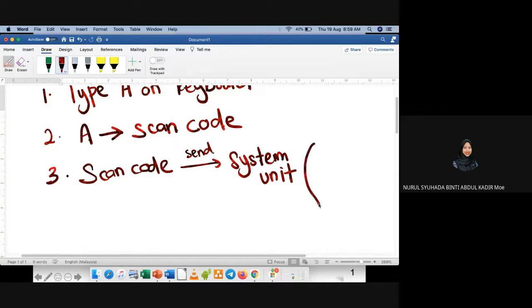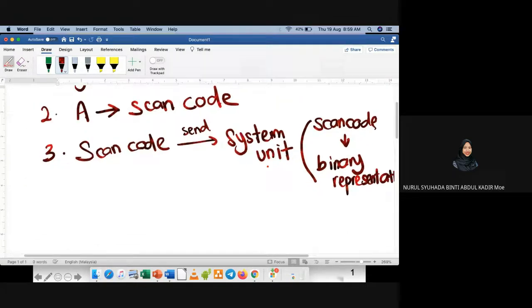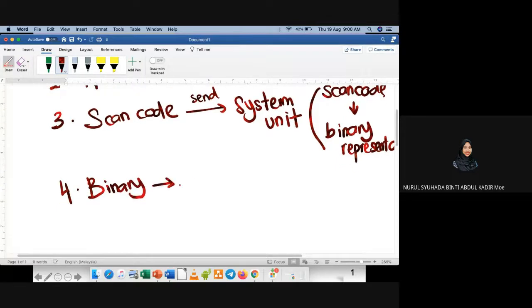So what actually happened here is the scan code is being converted into binary representation of A. So, bila dia dah jadi binary representation, barulah, ingat tak last week I ajar after binary dia akan jadi state of transistor.